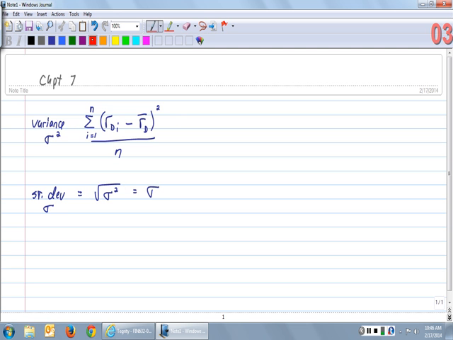Now go back up and look at the variance formula again for a second. When I've got R_Di minus R bar squared, that's simply the same thing as R_Di minus R bar times R_Di minus R bar, right? And I show you that because we're getting ready to talk about a term called covariance, and covariance is going to look a lot like the variance.